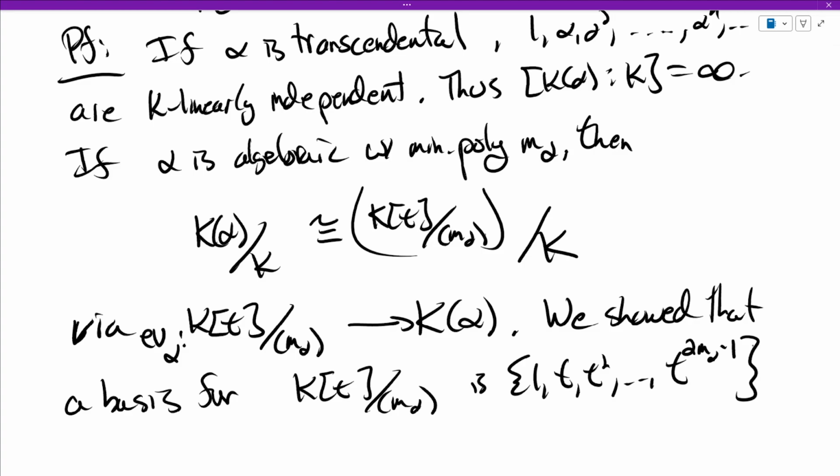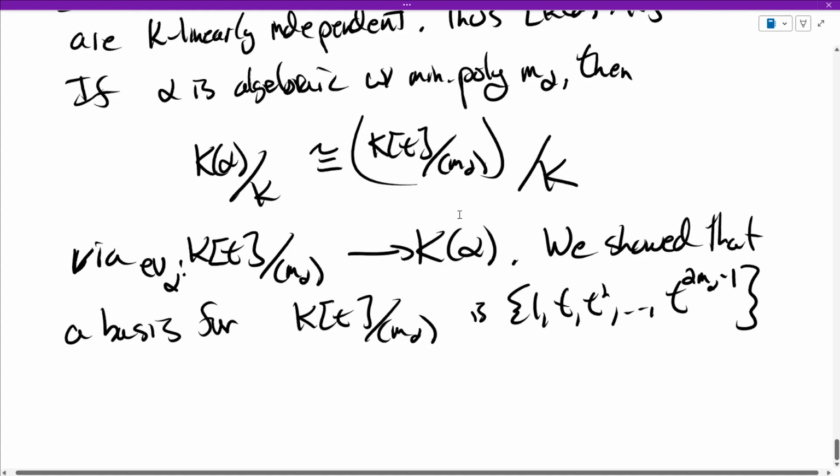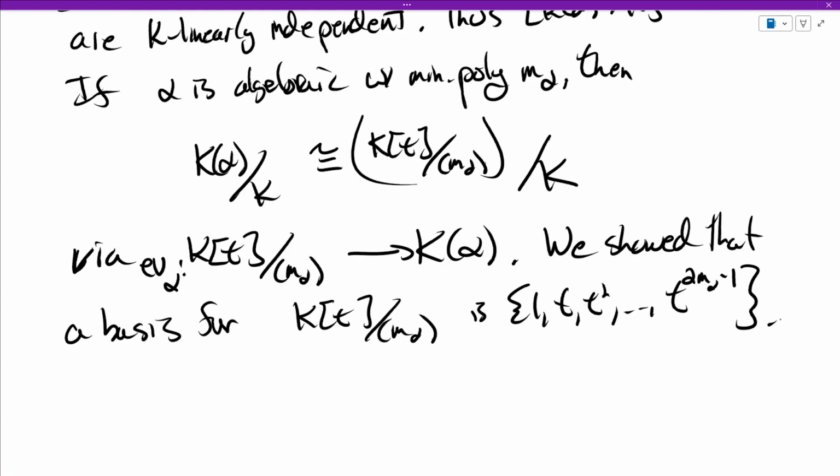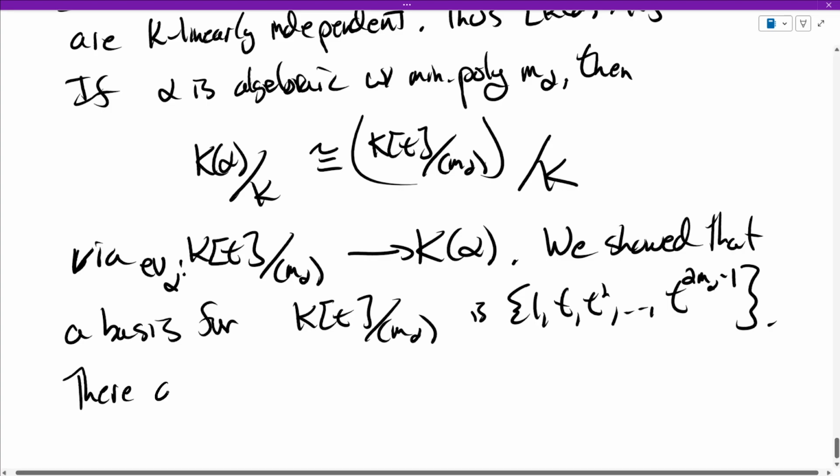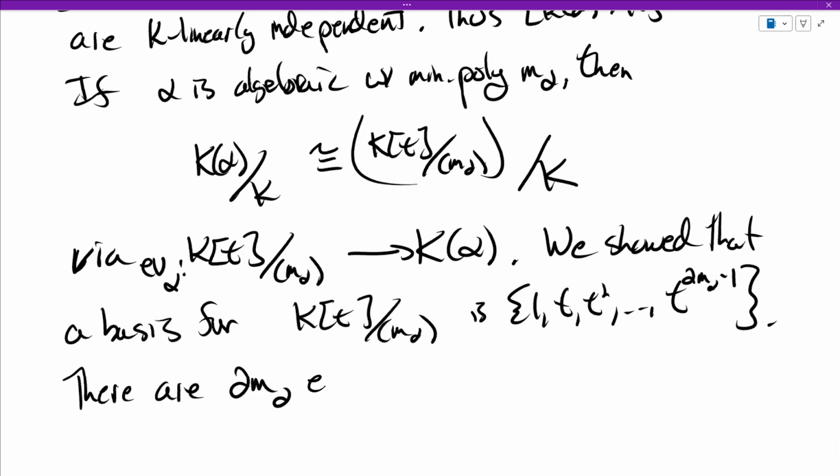That is, what we did is we showed that every element here has a unique representation of degree less than the degree of m_alpha. And that's equivalent to what I just said here. How many terms are there? Well, 1 up to t to the degree of m_alpha minus 1, so I'm counting the degree of m_alpha many terms. So there are degree of m_alpha elements here.